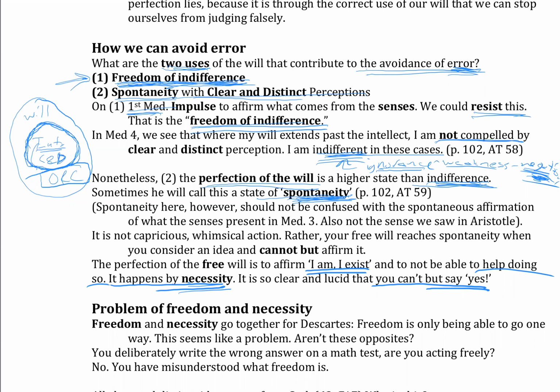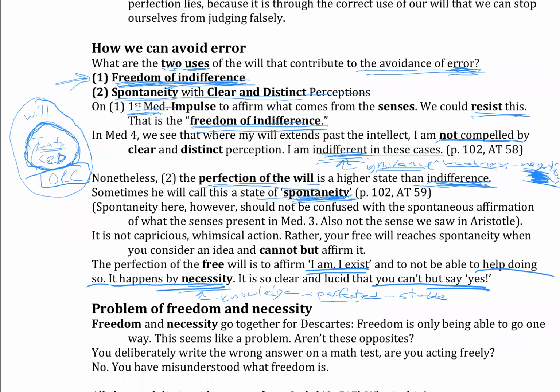And that is a higher position, right? That is knowledge. And that is a higher state than mere negation. That's a perfected state. You've taken up a position that's stable, that's not going to change with the next whimsy that comes along.